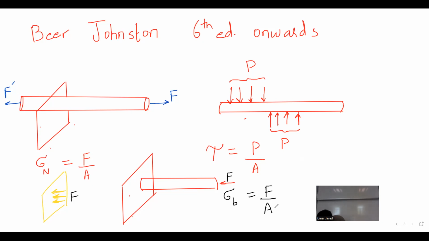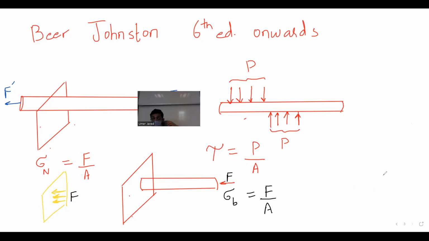Average bearing stress. There is one more student who said there is a steel column and there is another plate at the bottom. They are two different fellows. Can you just tell us what kind of stress is at the contact?